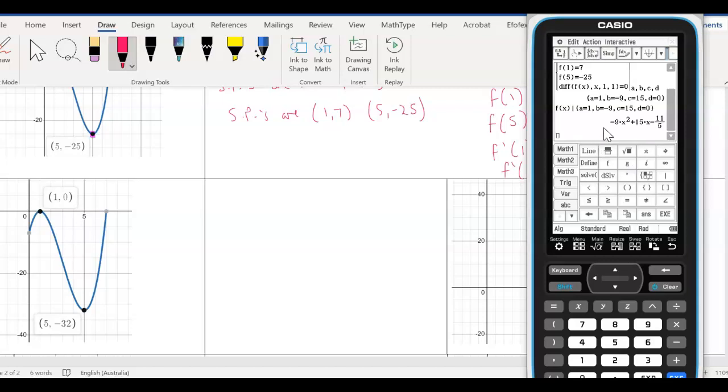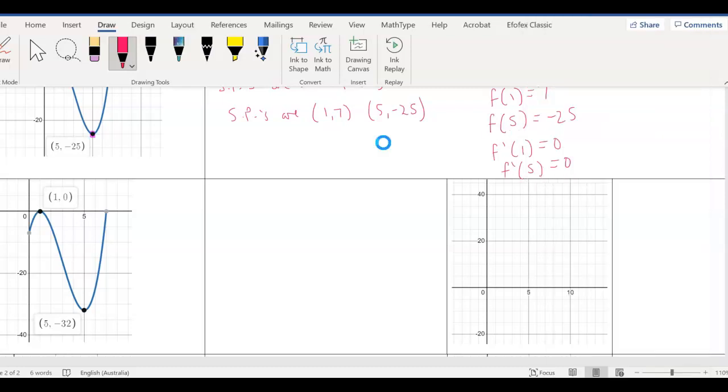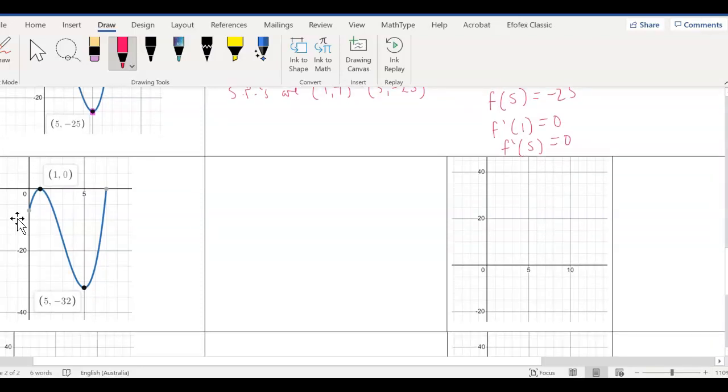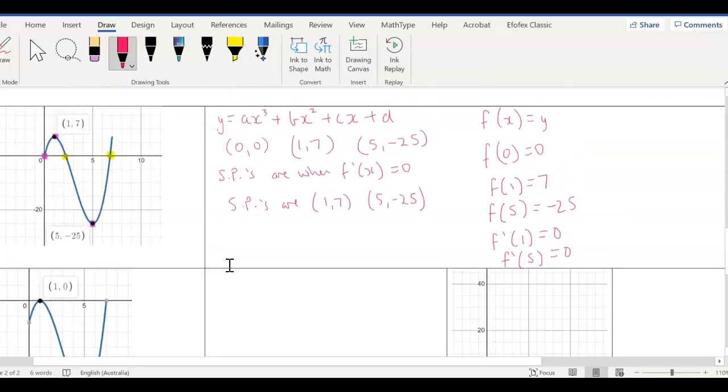All right, I did do it the other day and I can't remember how I got it to substitute the values back in, but it hasn't substituted them back in. I don't know what it's done, how we got that. Anyway, so now we know what A, B, C, and D are. You can just substitute them in to get the equation of that line.